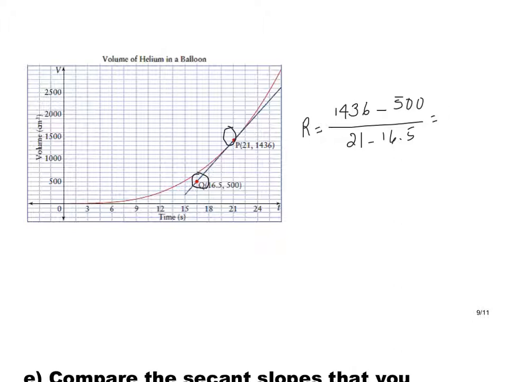If we evaluate this, we get 208 cubic centimeter to second. Now, as you can see, this rate of change is positive, which indicates that the volume is increasing as time is increasing. Again, this is the average rate of change. This is not instantaneous rate of change here.